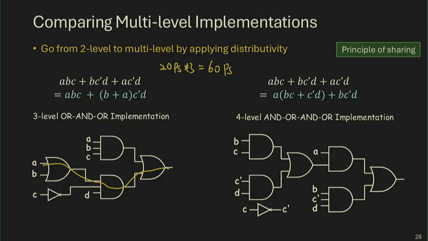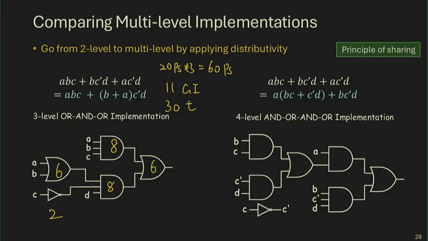In terms of gate inputs, I have 2 here, 3 here, 3 here, 2 here, 1 here, which is 11 gate inputs. And in terms of number of transistors, I have 6 here, 8 here, 8 here, 6 here, 2 here, which is 30 transistors.